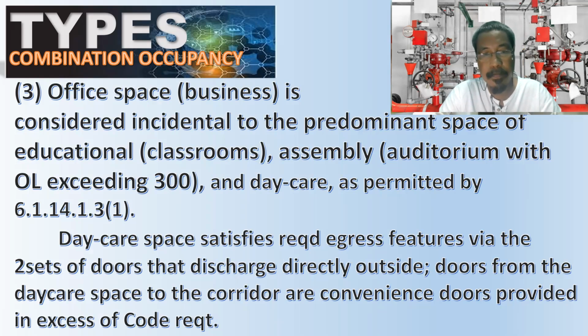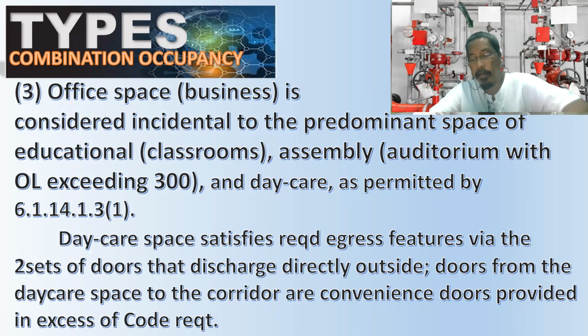Daycare space satisfies required egress features by the 2 sets of doors that discharge directly outside. So doors from the daycare space to the corridor are convenience doors provided in excess of code requirement. So convenience door.